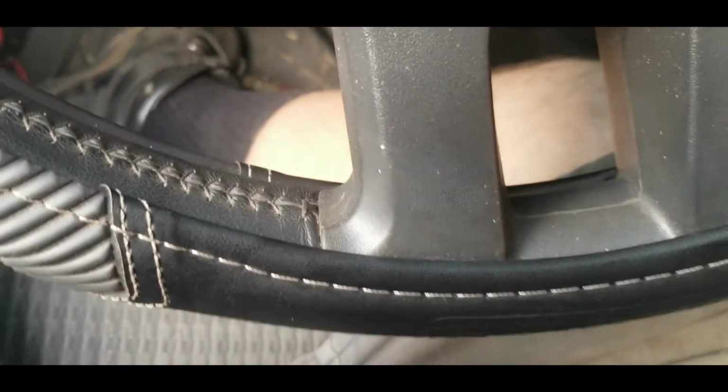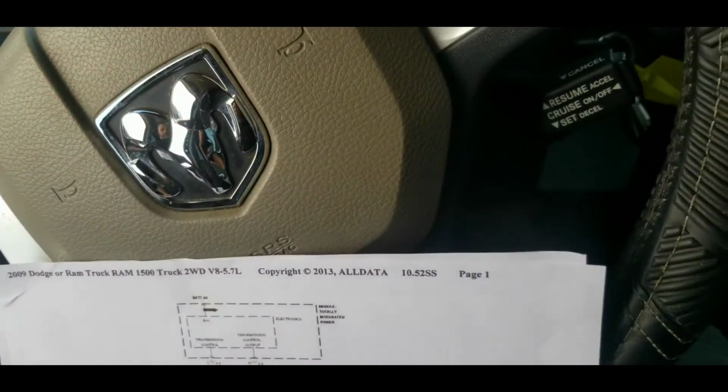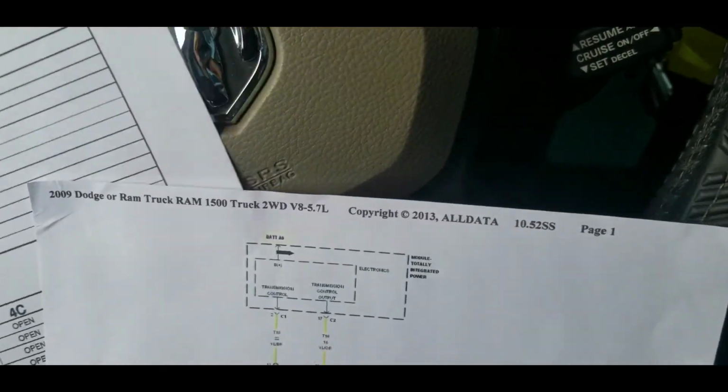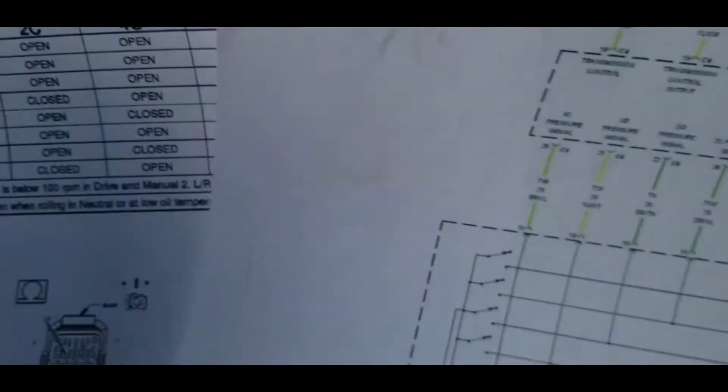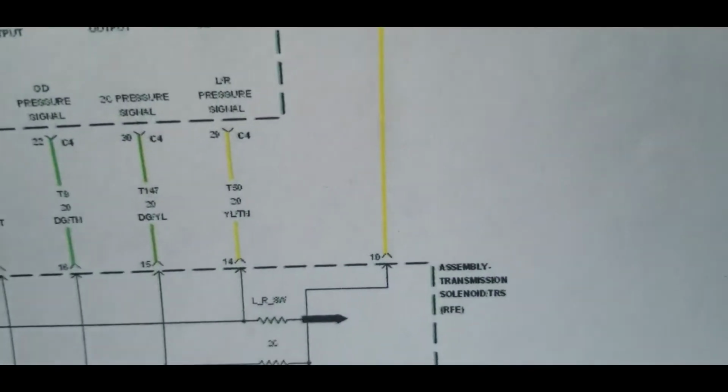Okay, so I'm going to explain this. Pressure switches clearly should not be on at the same time. We have the diagram here. The way that the computer monitors this is the battery voltage power comes from the TIPM.